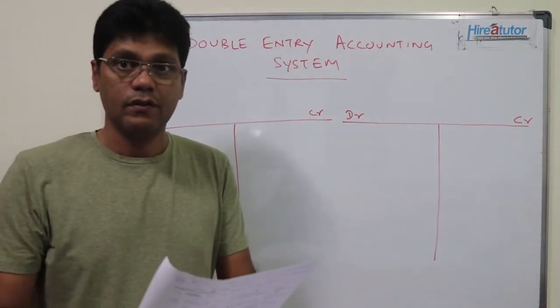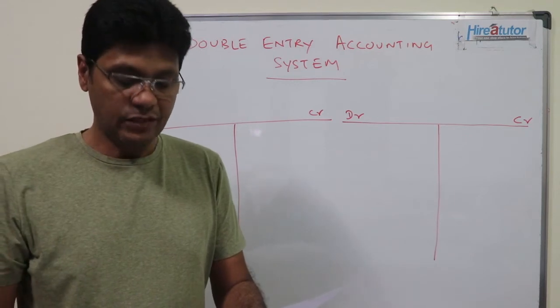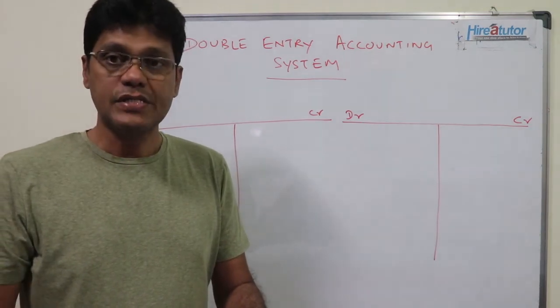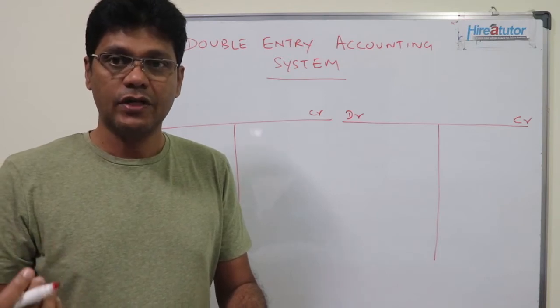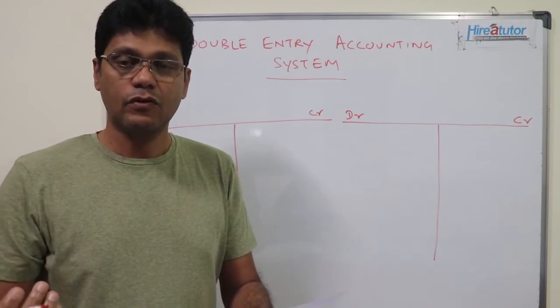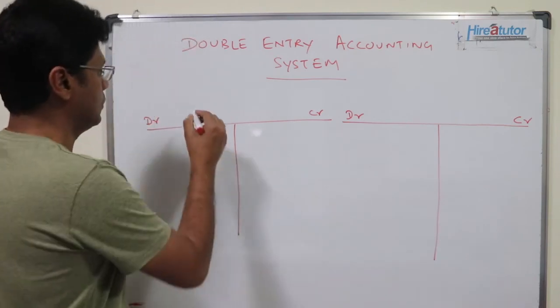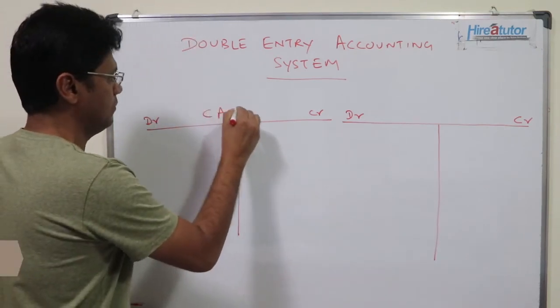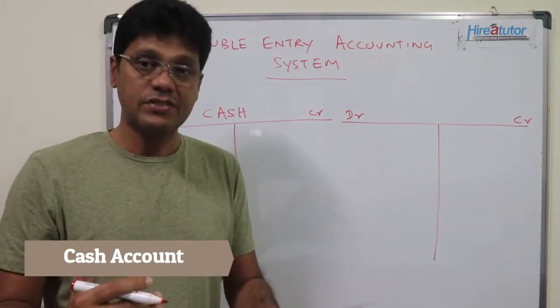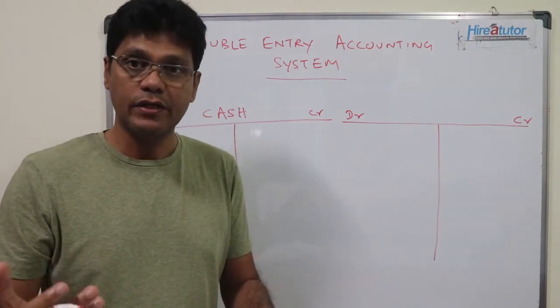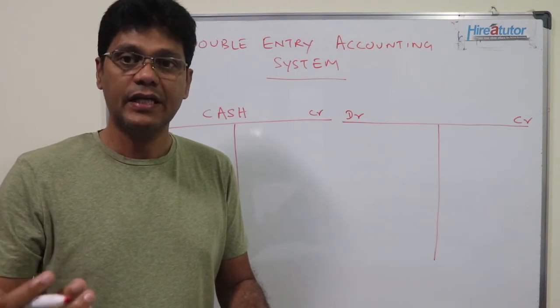Now the investor has invested 500,000. So business will receive cash. It's an asset. So therefore you need an asset account called cash. So let's open cash account. And who has invested in the business? The owner. Owner represents equity.